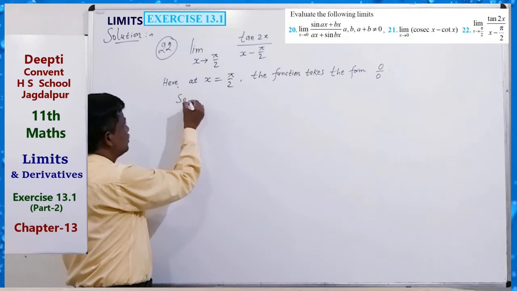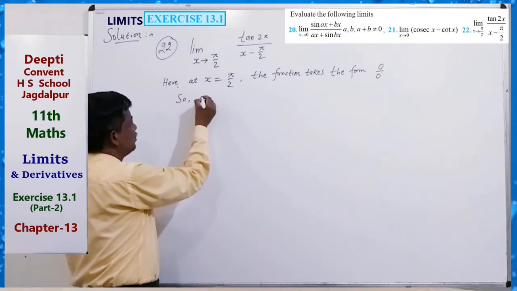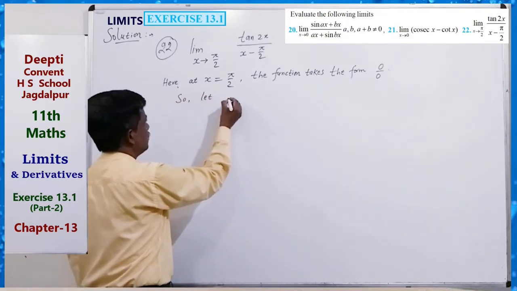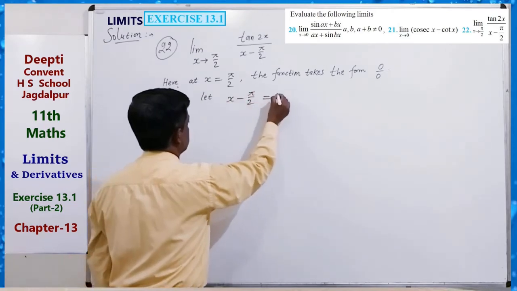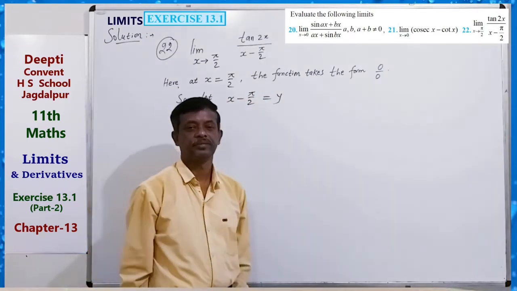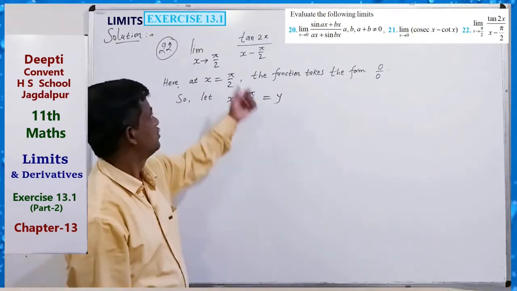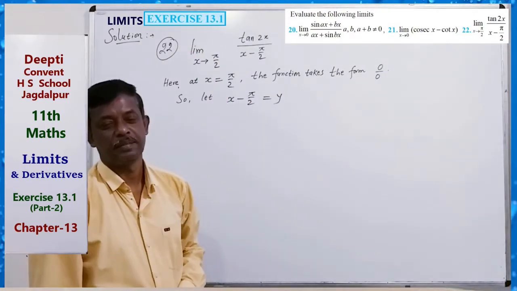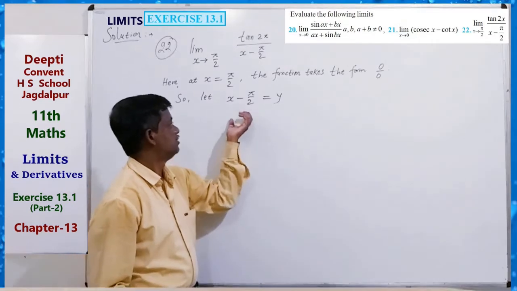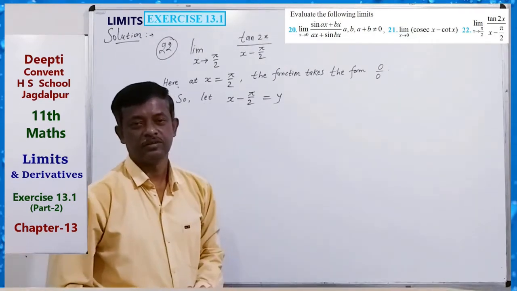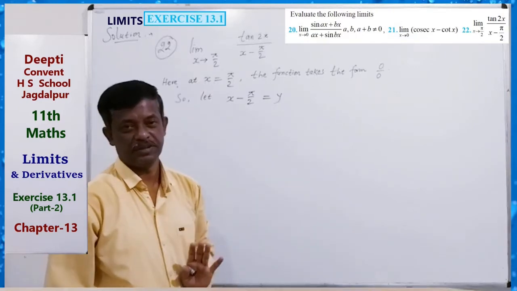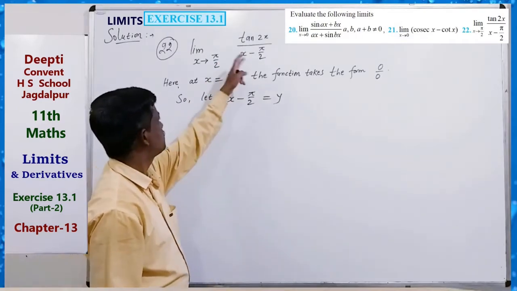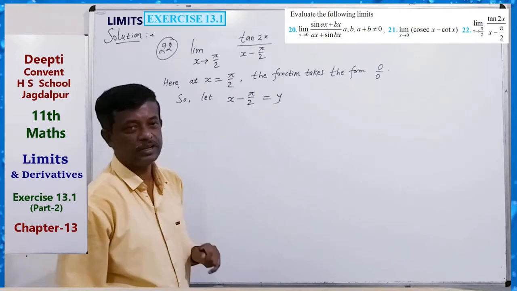So let x minus pi by 2 equal y. This substitution we have to use for finding the value of this limit. So here x minus pi by 2 equals y.